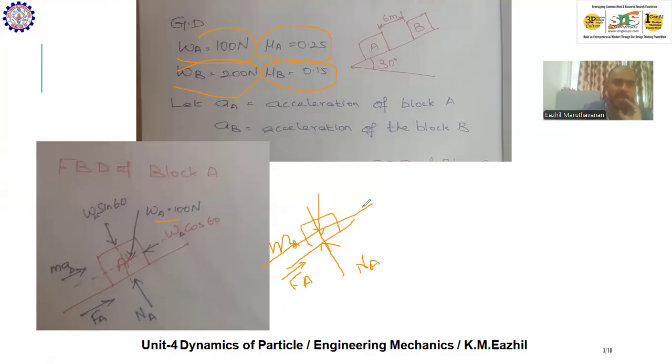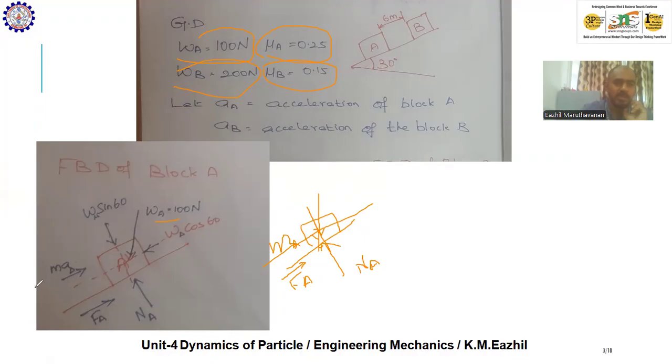For horizontal, we will have WA cos 60. For vertical, we will have W sin 60. We know that when this angle is 30 degree, it will also be equal to 30 degree to y-axis. So this will be 60 degree. So we have taken 60 degree to solve this problem. This is the free body diagram.